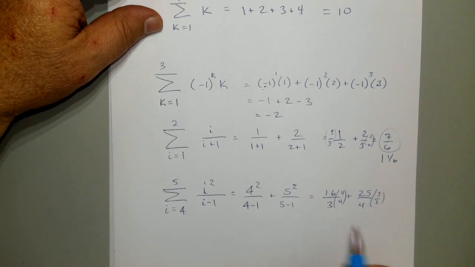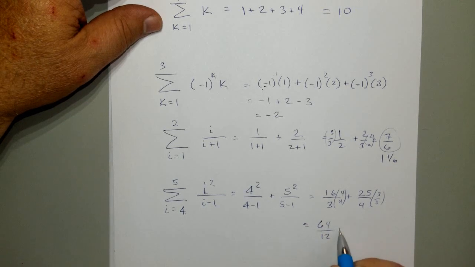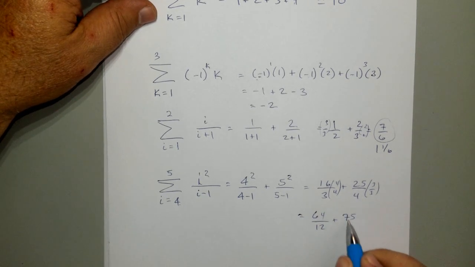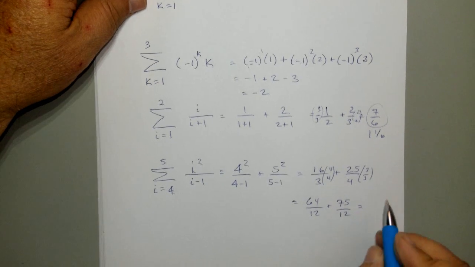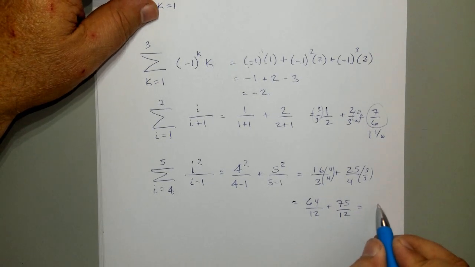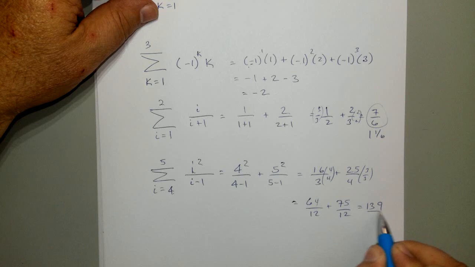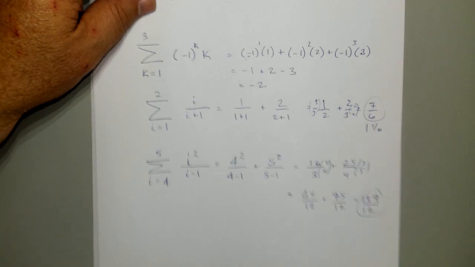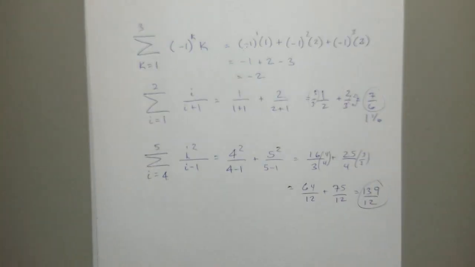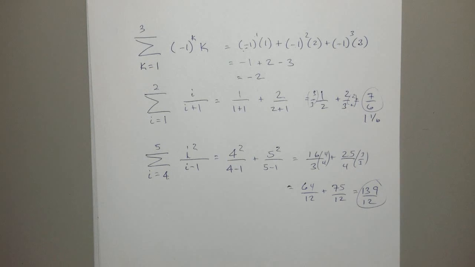The common denominator: 64 over 12, 75 over 12. 139 over 12. Eleven and 7/12.